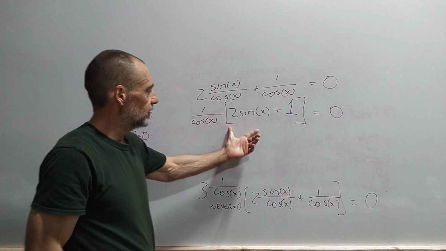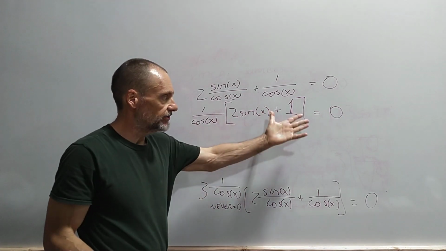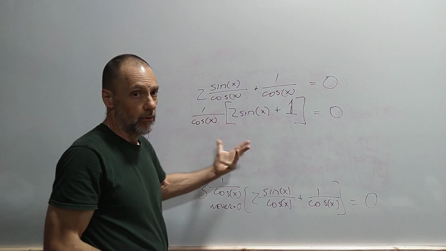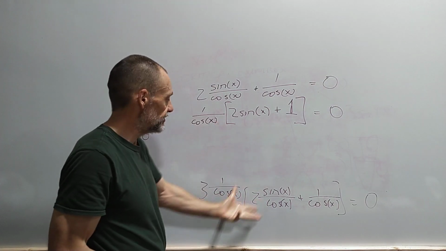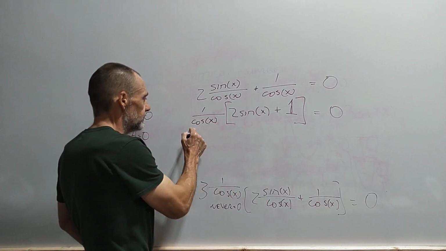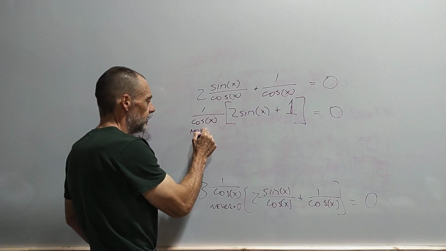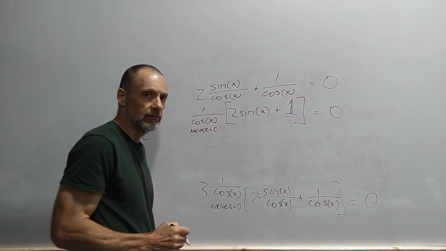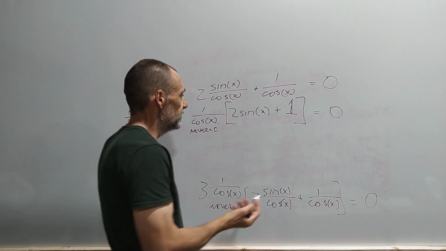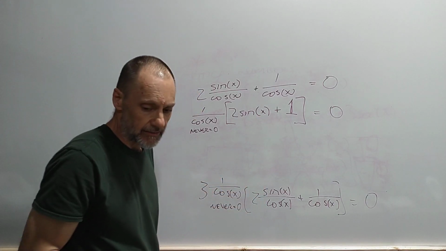So here we're in the same position. We have a product equal to 0. This is going to be 0 when this is 0, or this is 0. Now we just said that this is never equal to 0.